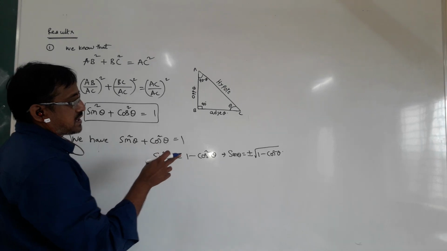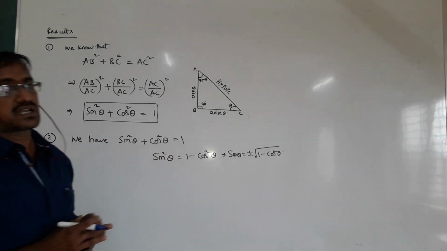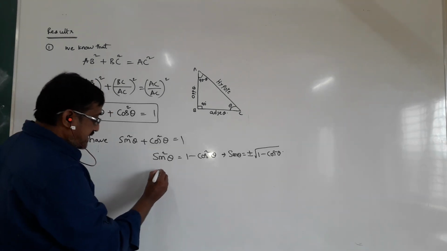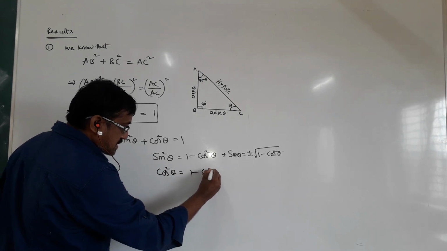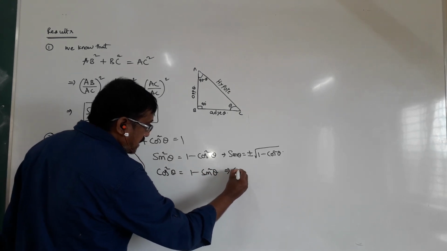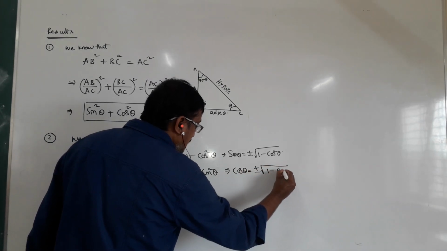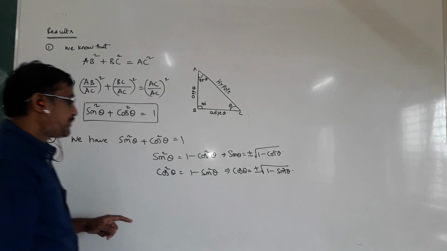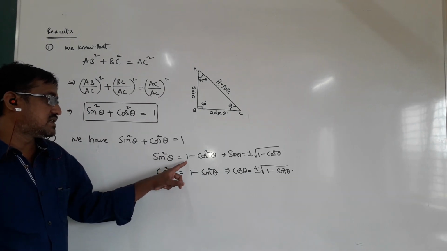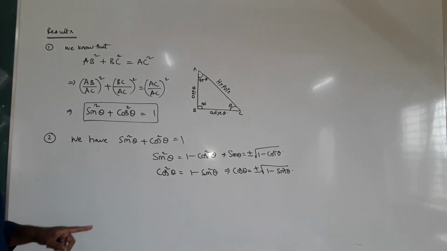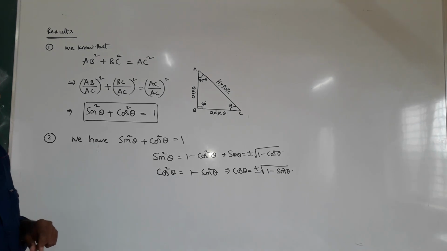So sin theta can be written as plus or minus root over 1 minus cos square theta, and cos square theta can be written as 1 minus sin square theta, and cos theta is equal to plus or minus root over 1 minus sin square theta. So from this result you can say that sin square theta is 1 minus cos square theta, and cos square theta is 1 minus sin square theta.